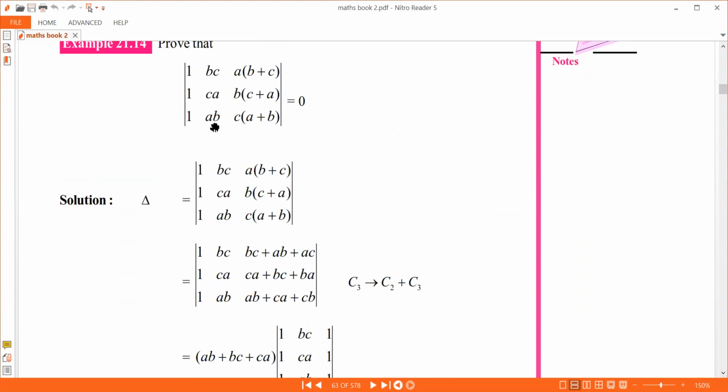1 B C A into B plus C, 1 C A B into C plus A, 1 A B C into A plus B. This we have to show is equal to 0. So how do we do that? There are two methods of doing it. I will tell you.